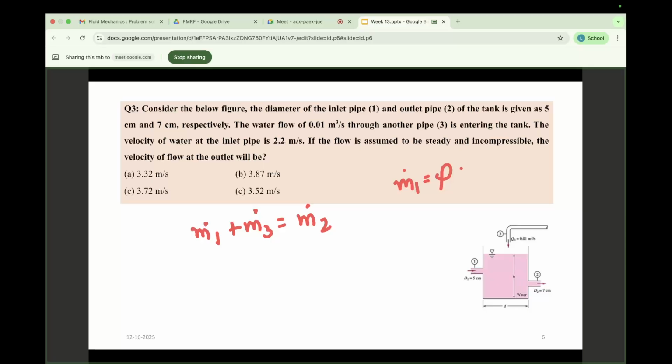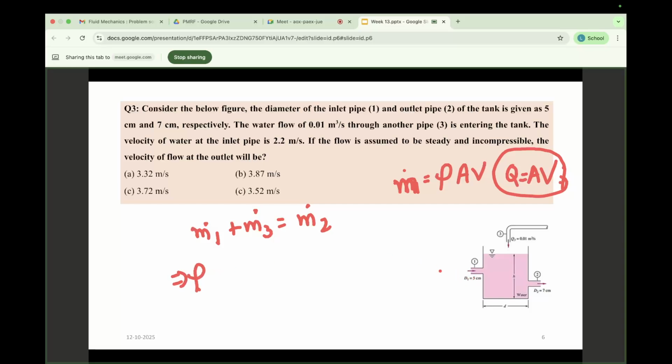M dot is rho A V. Please remember this; previously I made a mistake. Q is only A into V, and M dot means rho A V.